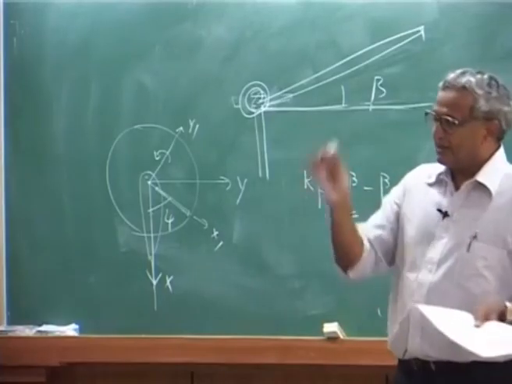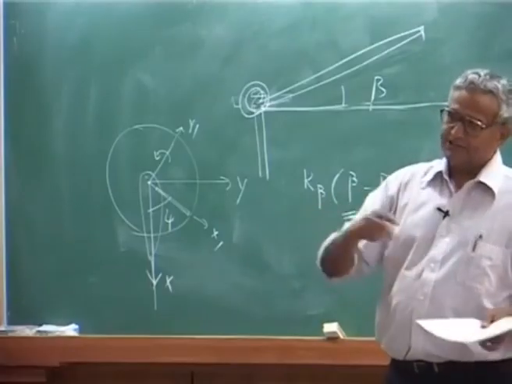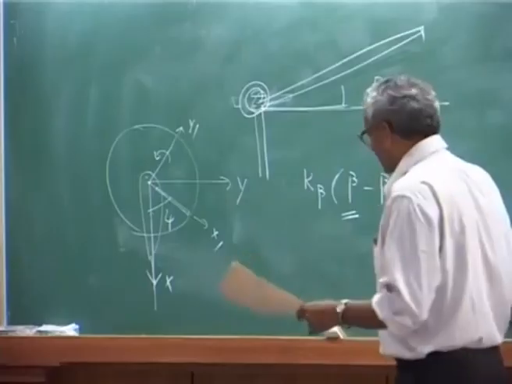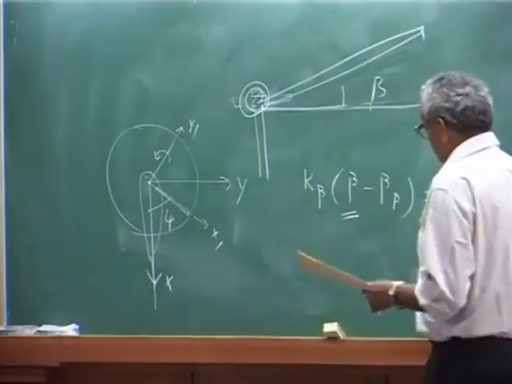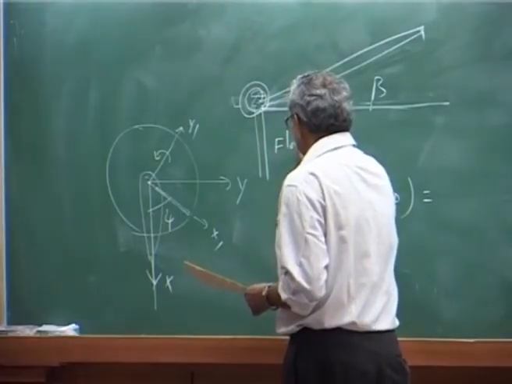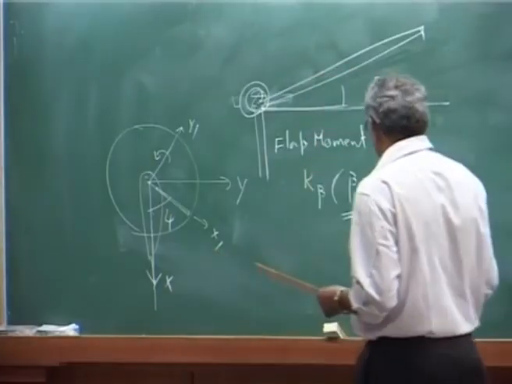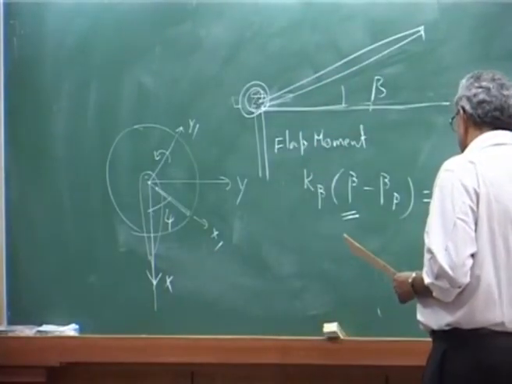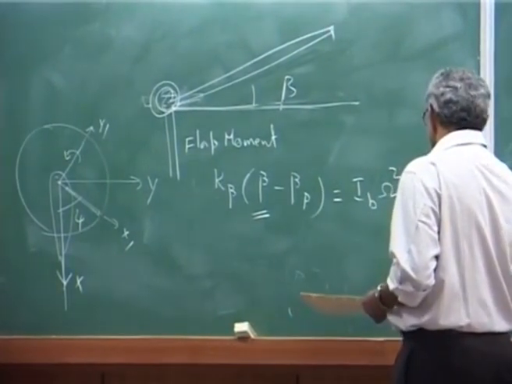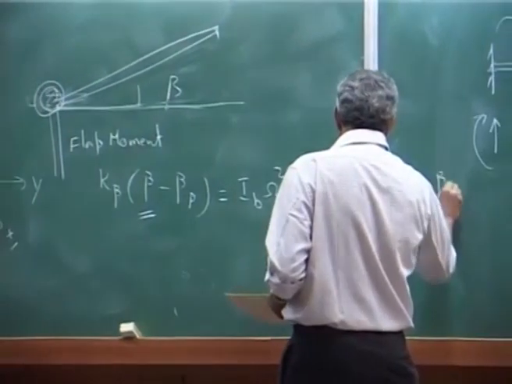What we did was, we get all the forces in one blade, then we added all the blades, assuming that the blade behaves the same way. Here also it is the same thing. Now, let us write this quantity, that is the flap moment. I will write it: flap moment is I_b omega square, omega bar RF square minus 1, into beta minus beta p.